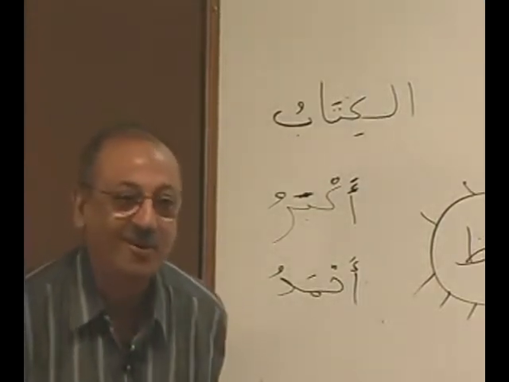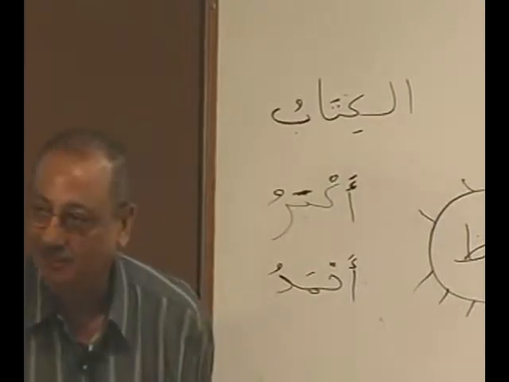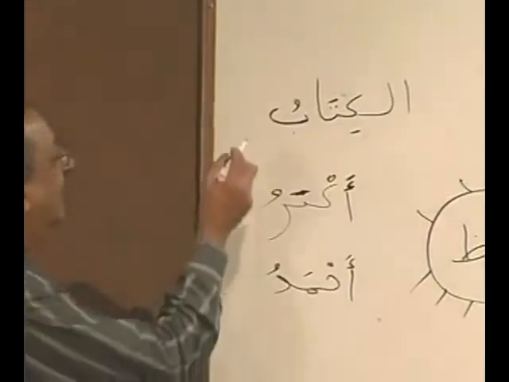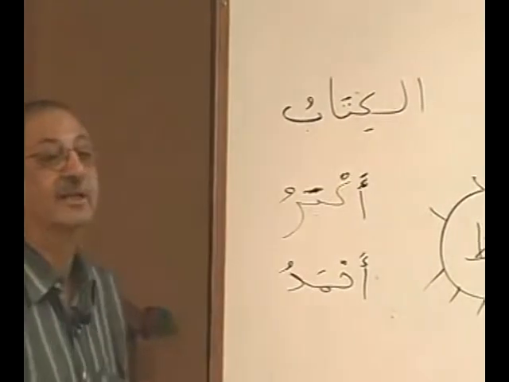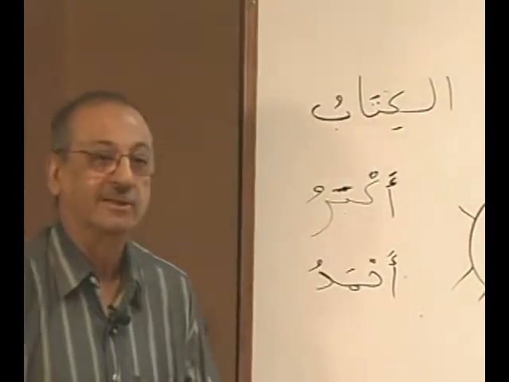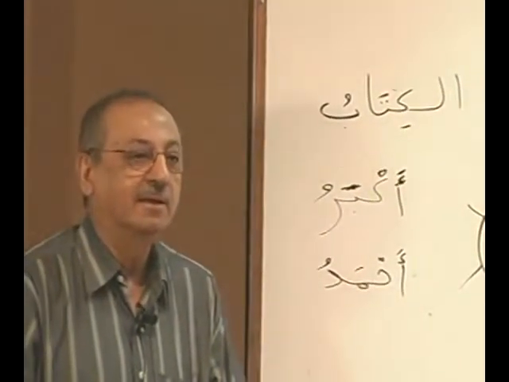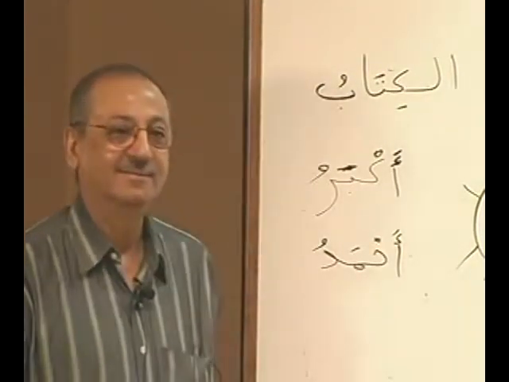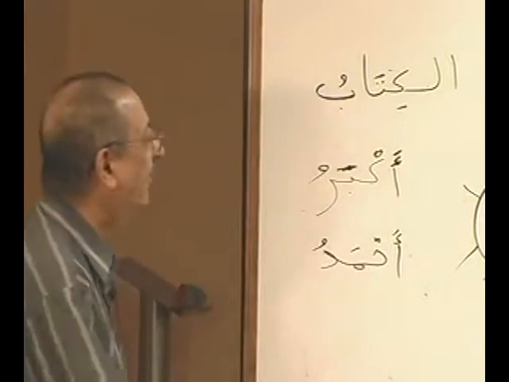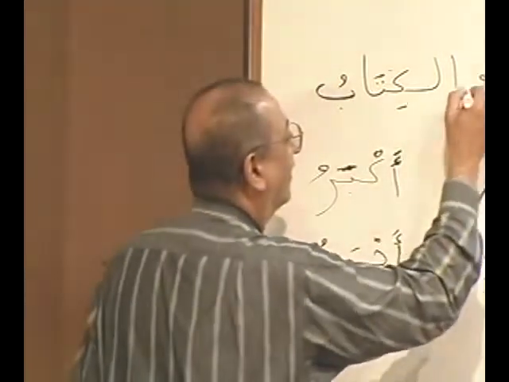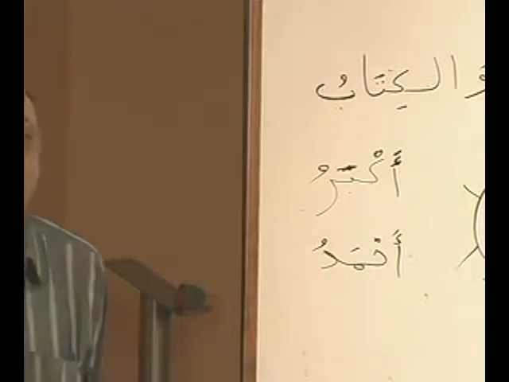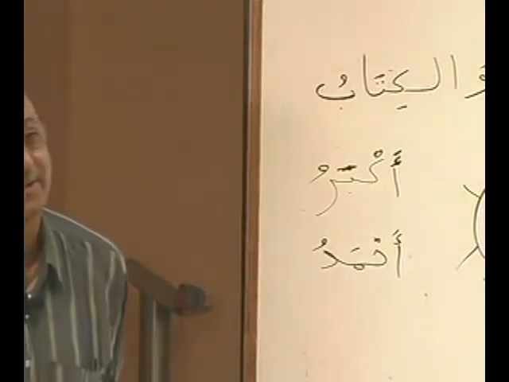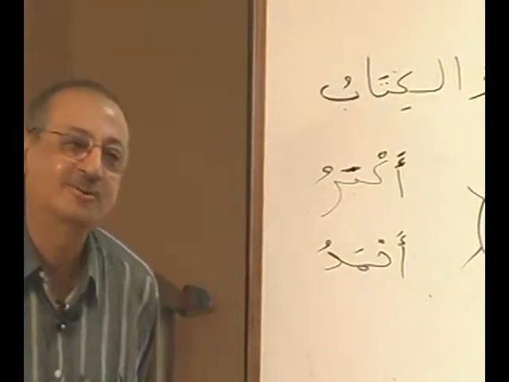Otherwise you will not pronounce it. Are you with me, brother? If I say Al-Kitabu and then write down Jadidun, the sentence begins with Al-Kitabu. But suppose I were to add a waw here. Now what will it become? Why did you not pronounce the Hamza, brother?